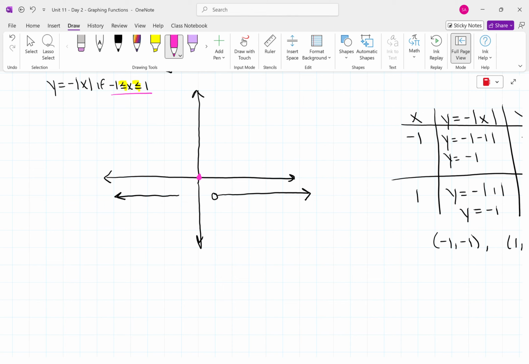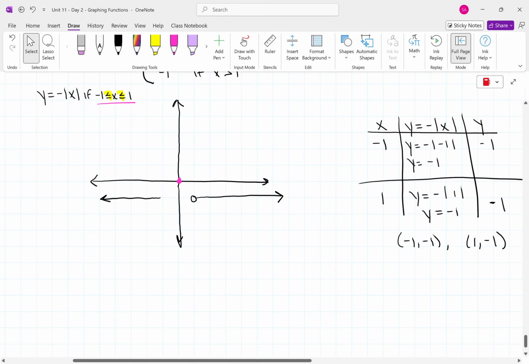Isn't there already an open circle there? A closed circle trumps an open circle, so we close it. And then the other point is 1, -1. And again, isn't there an open circle there? But remember, a closed circle overpowers an open circle, so we'll close all of those. And then we know it's a v, so it looks like that. And that's our graph.